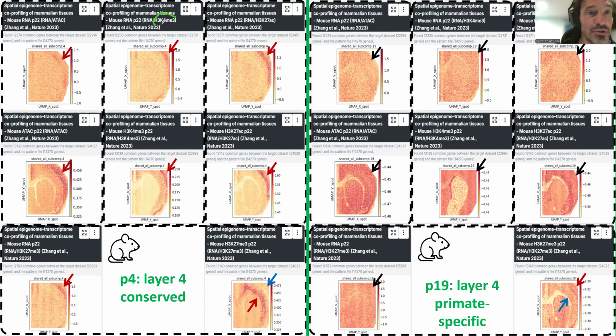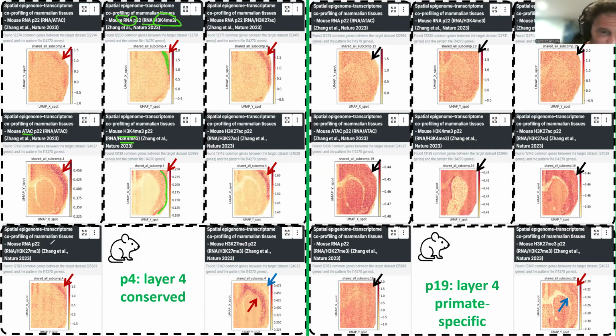The same is true for the RNA and H3K9 trimethyl, where we have RNA here and we have the H3K9 trimethyl here. So both of these are either open chromatin or the histone mark associated with gene expression.